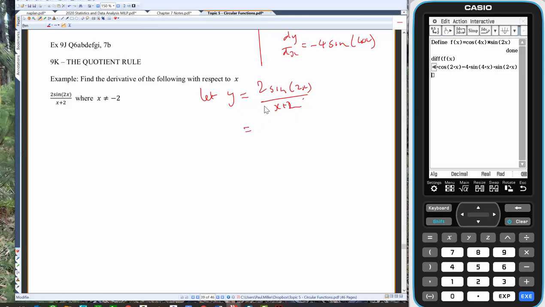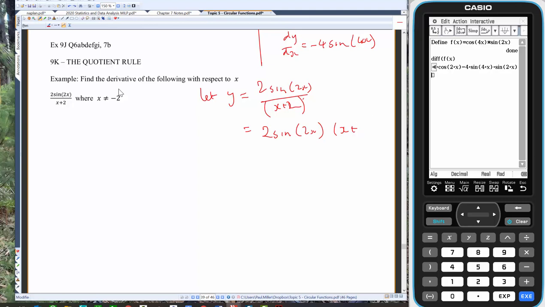Some students will use the negative index law to say that's 2 sine 2x times bracket x plus 2 to the negative 1, and then use the product rule to differentiate it. That's fine, but examiners always comment that students have very little success with that approach, so I would not use it. I would absolutely use the quotient rule on this.